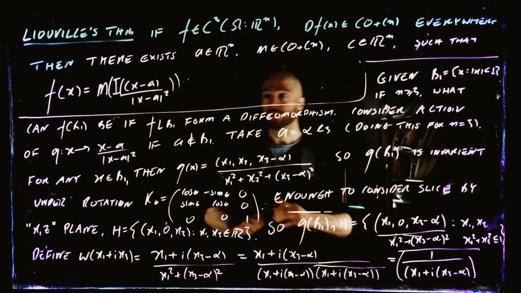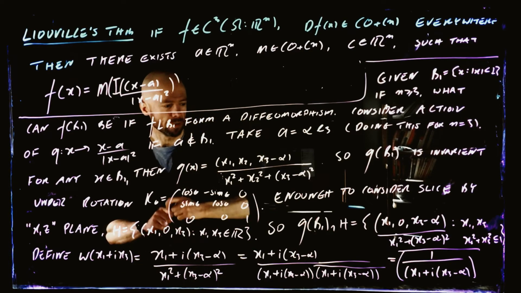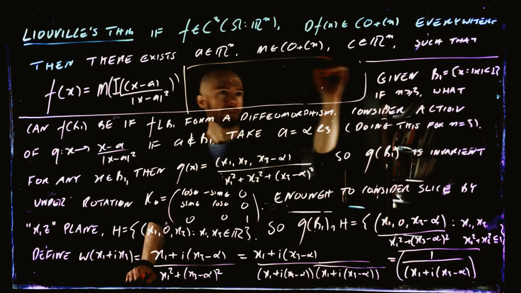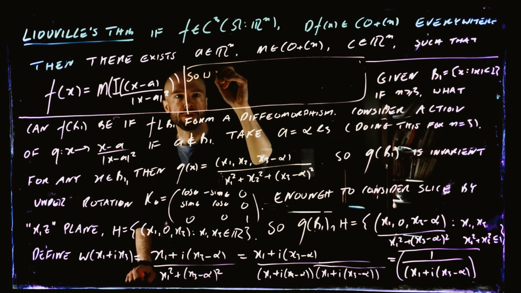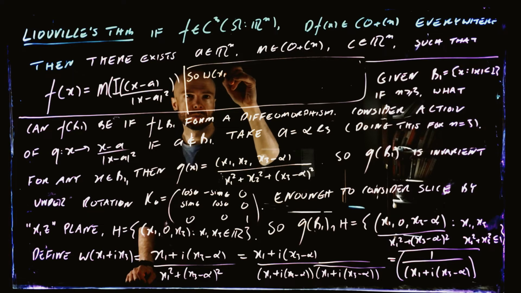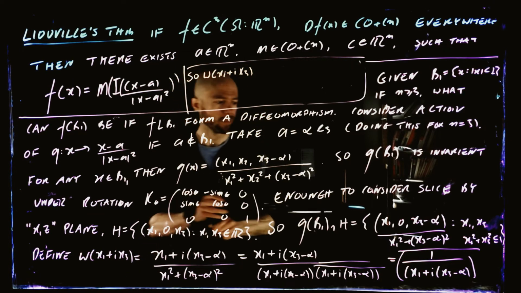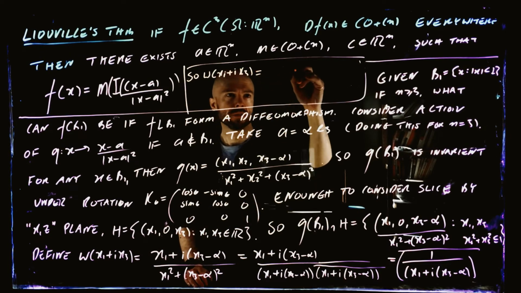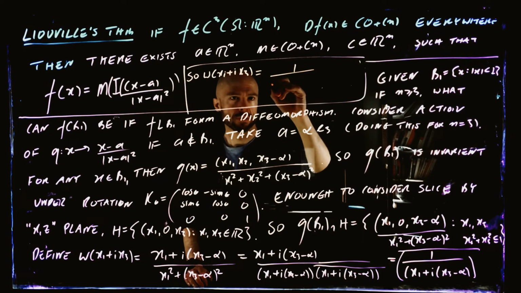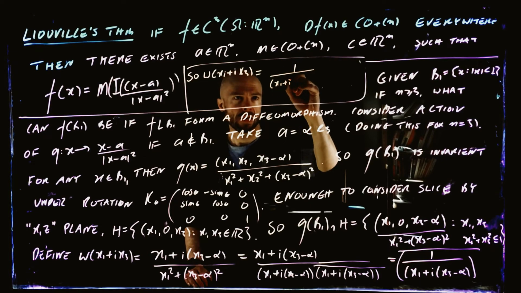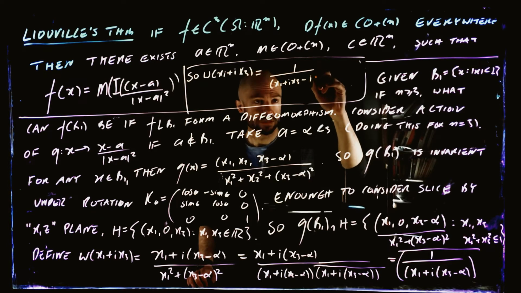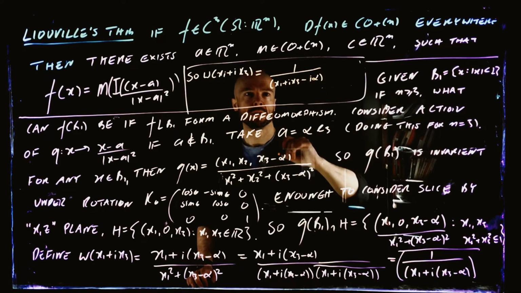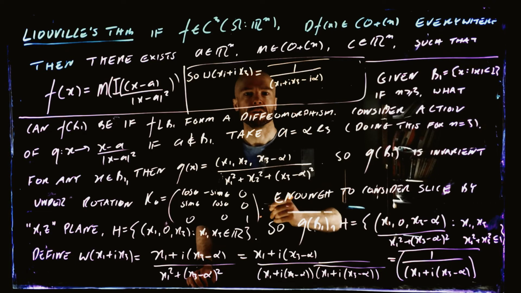So let's put down more of what it is. W of x1 plus I x3 is the complex conjugate of x1 plus I x3 minus this complex number, and then complex conjugate.